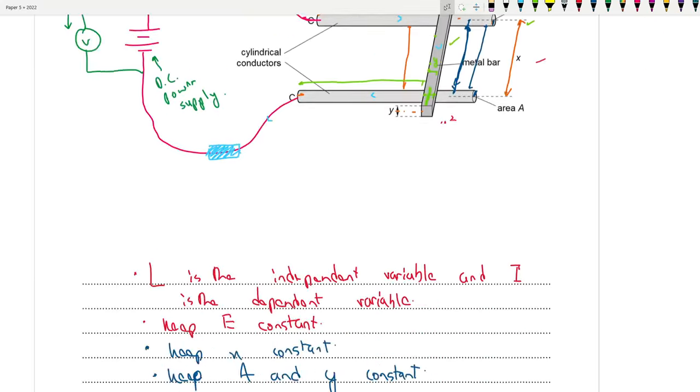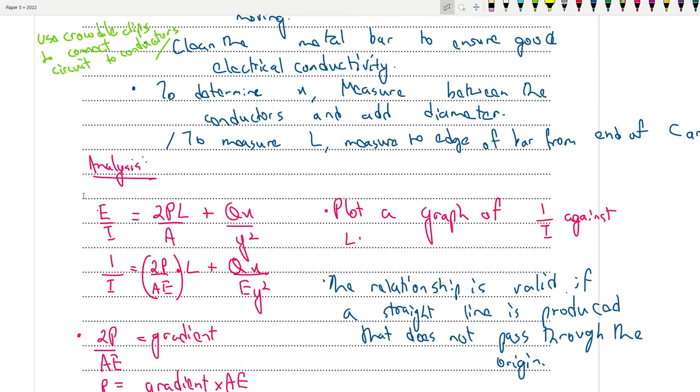So this is the analysis section. This is the mark for analysis: plot a graph of 1 by I against L. The relationship is valid if a straight line is produced that does not pass through the origin. I write this section over here, but this is actually an additional detail.